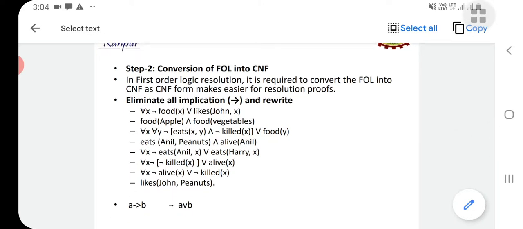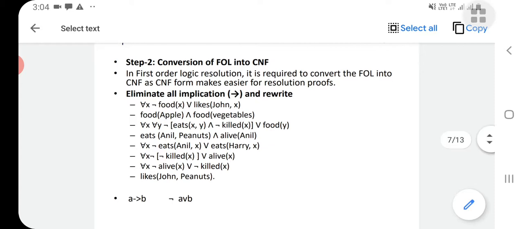Step number 2 is to convert your FOL into CNF, conjunctive normal form. In first order logic resolution, it is required to convert FOL into CNF. It makes the resolution proof easier. The first step is to eliminate implies.